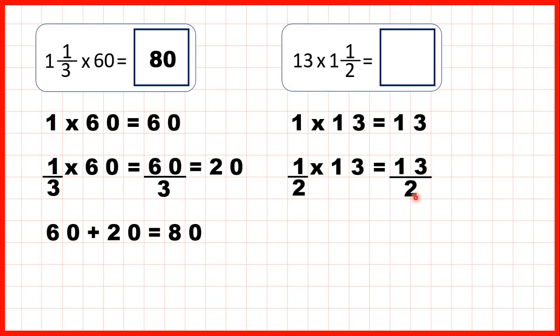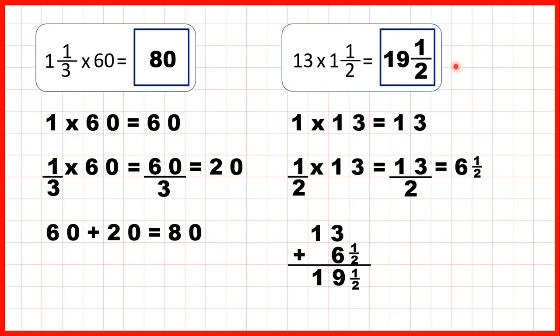But we can change that back into a mixed number by dividing. 13 divided by 2 is 6 remainder 1, because 6 times 2 is 12, and we need 1 more to get to 13. The denominator stays the same, so now we just add up our answers and work out 13 plus 6.5. The half stays the same, 3 plus 6 is 9, 1 plus nothing is 1, so our answer is 19.5.